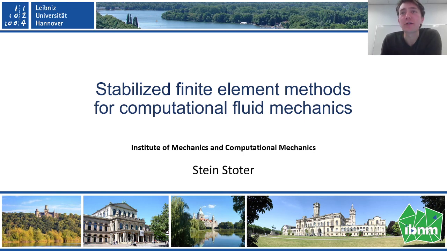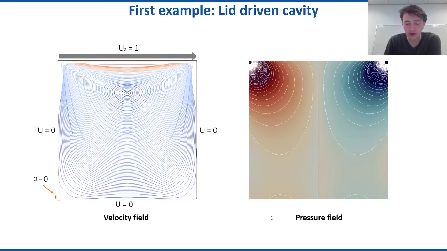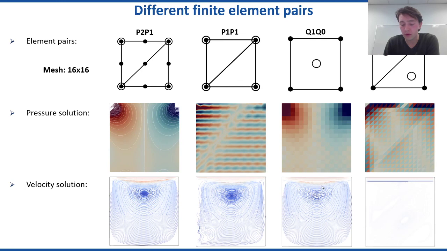Okay. So again, for the last time now, let's consider our problem of lid-driven cavity, where we have a square, where we know now our solution, right? We've seen this a couple of times. And we've also seen that for different choices of elements, we get these different types of behavior. And the elements that we're considering right now are the leftmost one, that's the Taylor-Hood element, and the rightmost one, that's the element that locks.